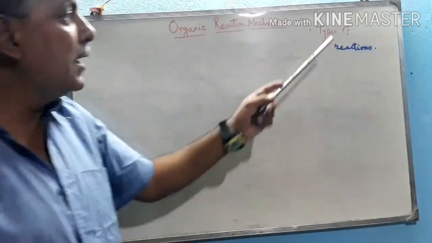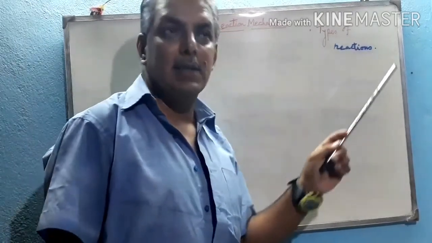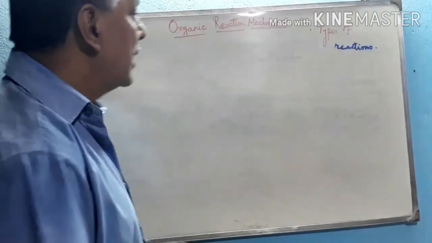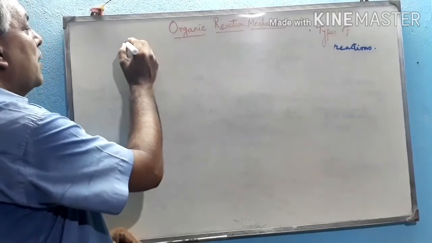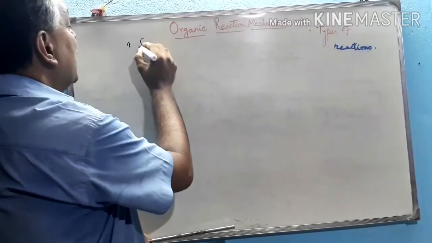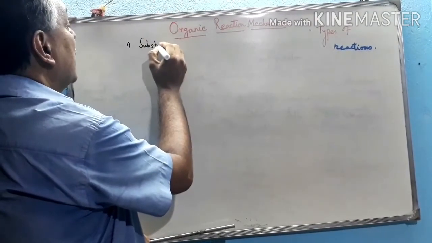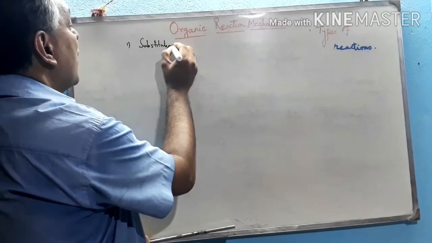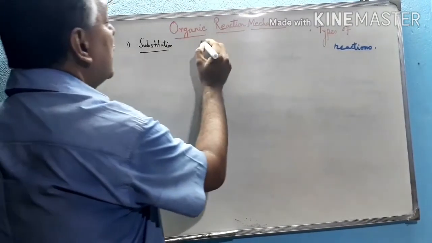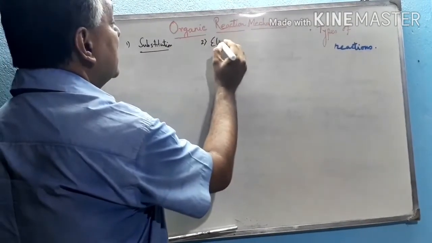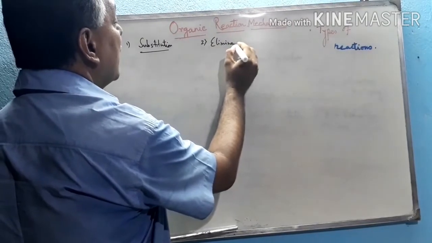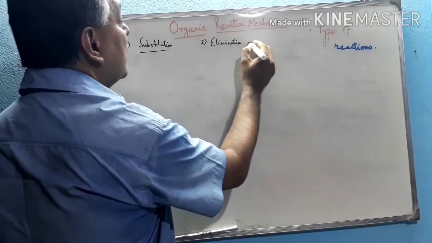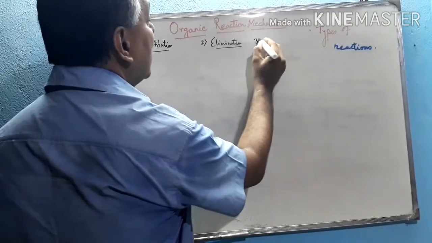Now we are discussing about the types of various organic reactions. There are 4 types of organic reactions. Number 1, substitution. Number 2, elimination. Number 3, addition.